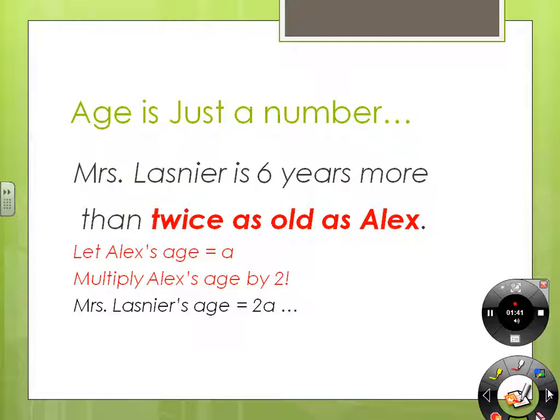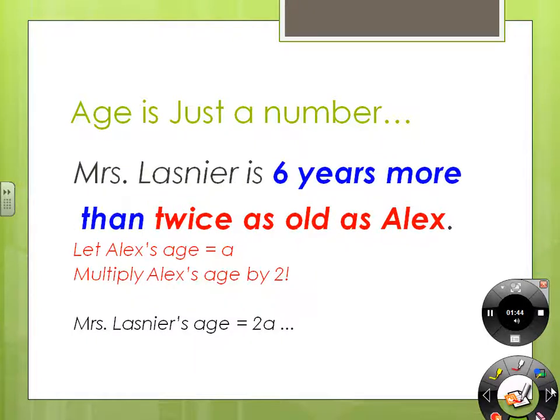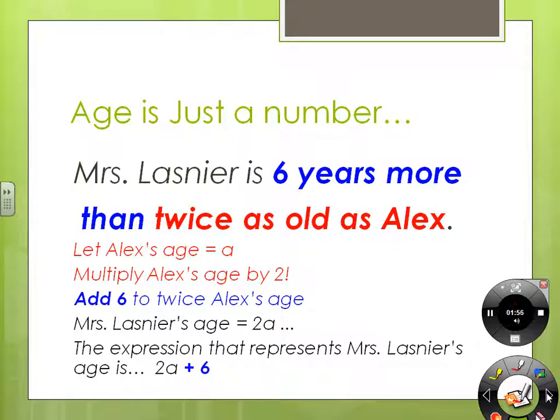Okay, but that wasn't the whole thing. It said it's 6 years more than twice as old as Alex. So we have to add 6 to twice Alex's age, so that the expression that represents Miss Lasner's age is twice Alex's age plus 6.